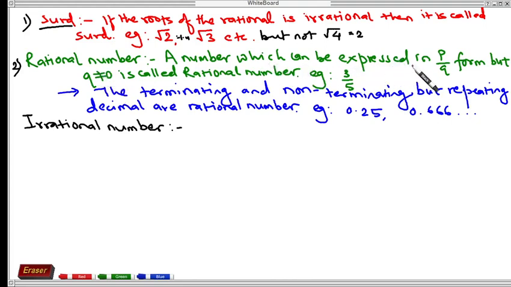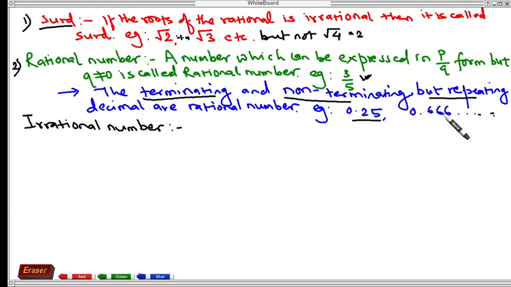So a number which can be expressed in p by q form, where q does not equal 0, is a rational number. For example, 3 by 5. But sometimes we may be given a decimal number. In that case, it is either terminating, like 0.25, or non-terminating but repeating, like 0.66666, where 6 is repeating.